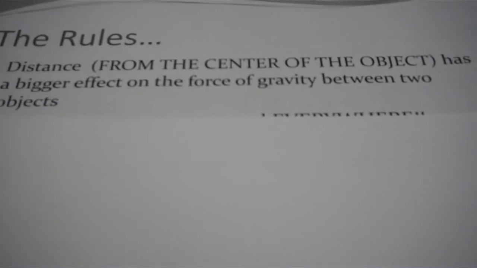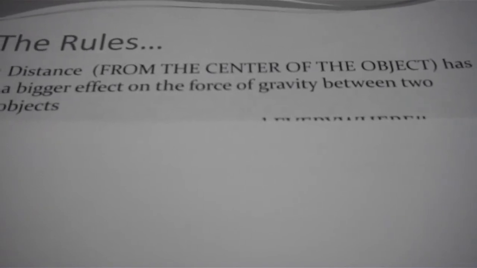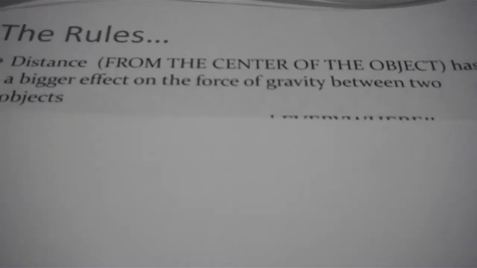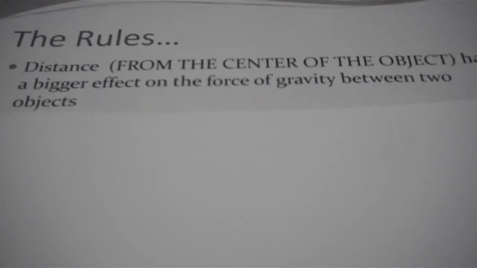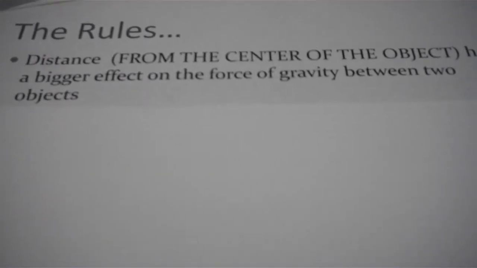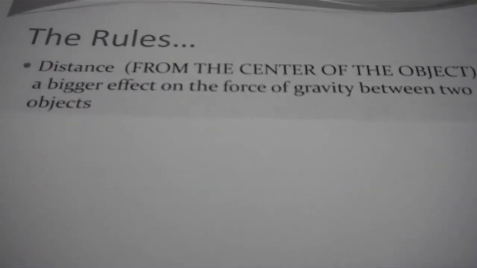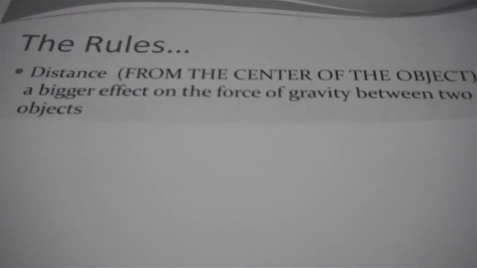Usually when we talk about this particular equation, it has to do with planets and moons, which are all spherical objects, so it's basically from the center of the object. The further away they are, the less effect gravity is going to have. Distance is the biggest factor. The closer you are, the greater gravity you have on something. The further you are away, the less effect you have.